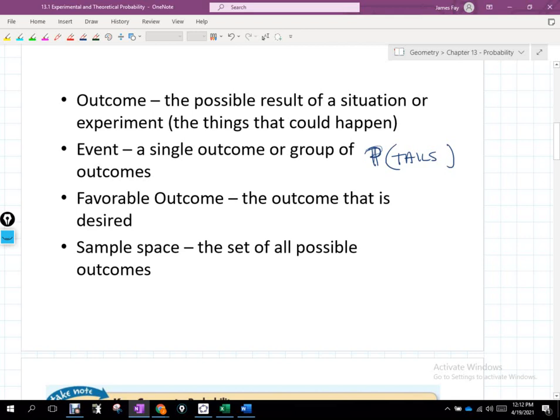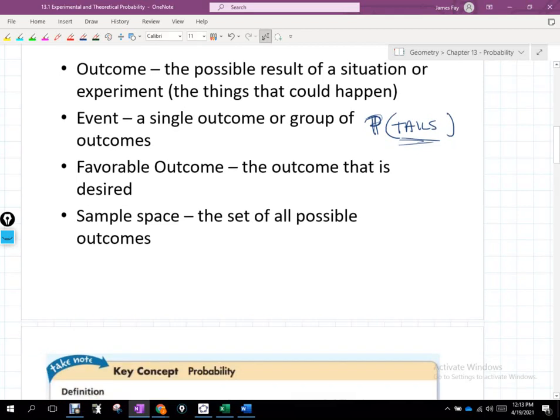If I look at rolling the die, and I want to know the probability of getting an odd number, then rolling a 1, a 3, or a 5, that's a group of outcomes, so that is our event. Does that make sense? The event is always going to be in the parentheses here, and that is going to be a group or an individual item out of your outcomes.